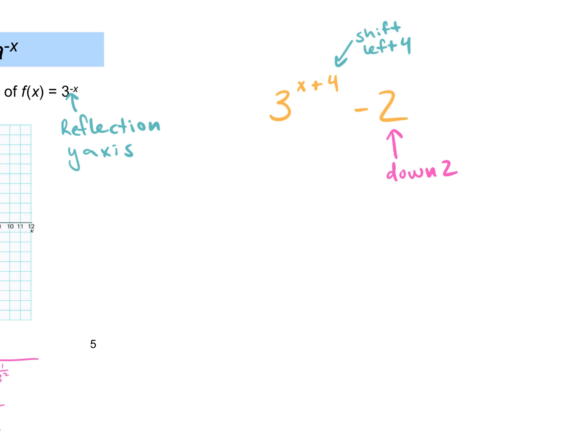There's one on the homework that looks like this. It's something similar to it. It would be 3 to the power of negative x minus 4. How it wants you to think about it is change it to 3 to the power of negative x plus 4. So that negative is a reflection on which axis?